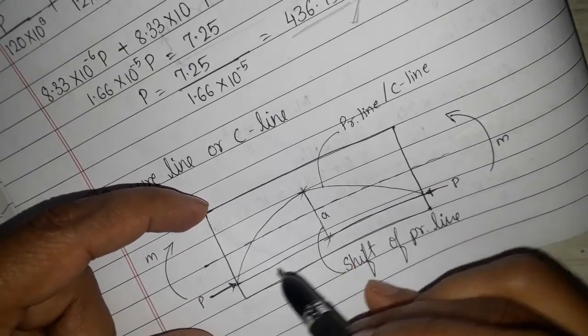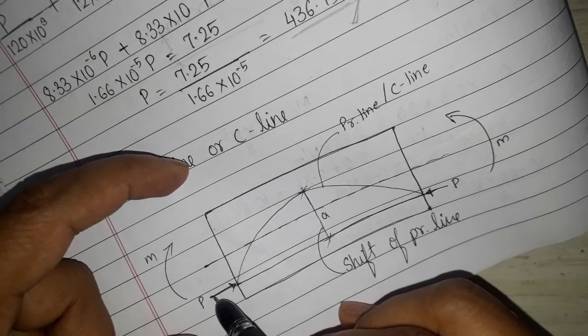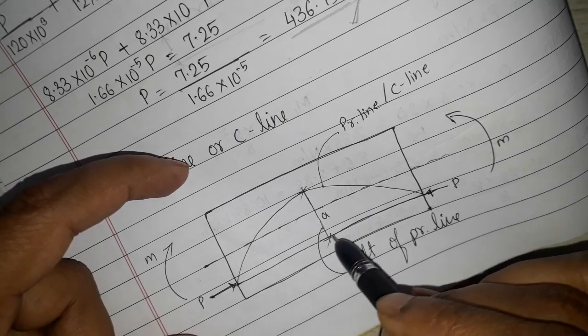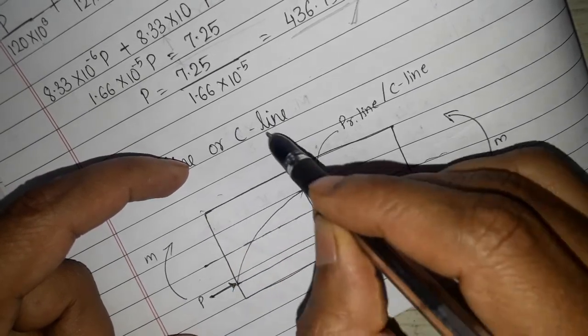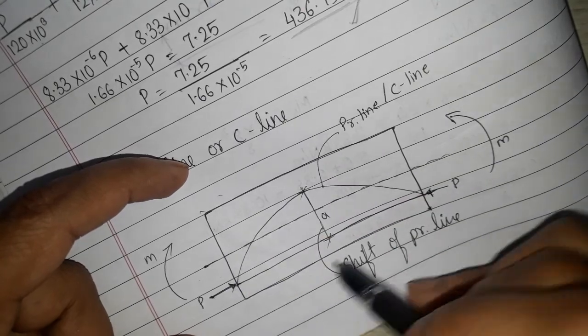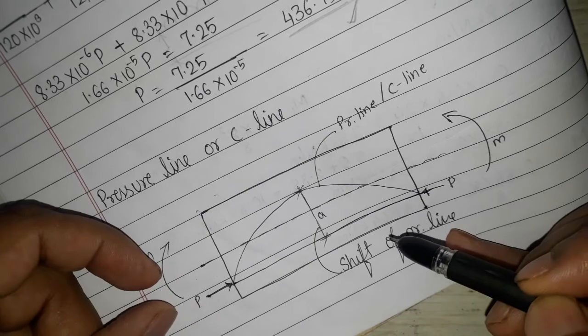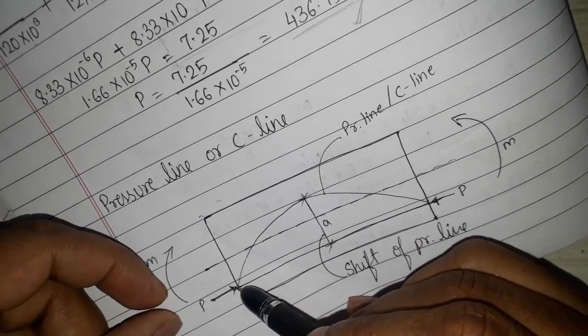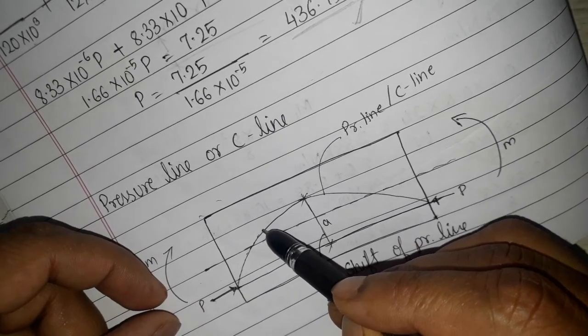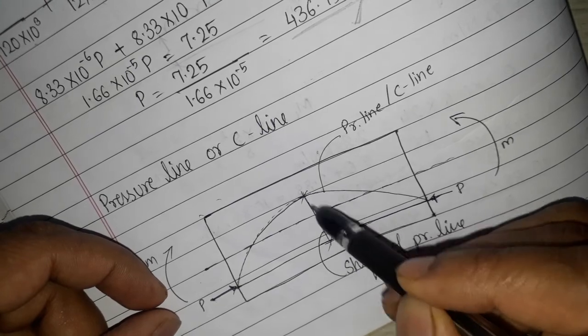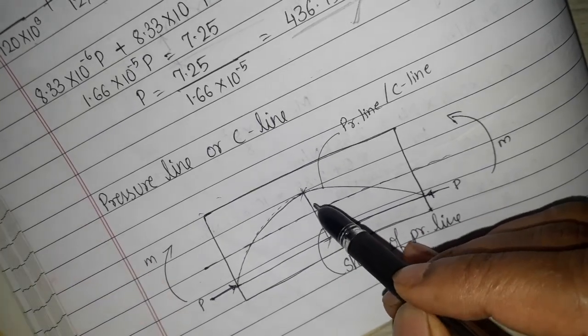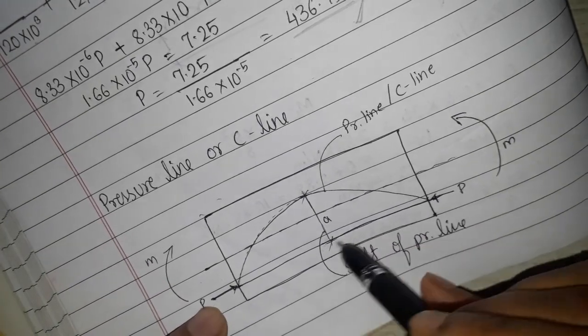The beam is subjected to the force P and also to the external load W. When the cable is released, it tries to compress the concrete in the opposite direction, so the pressure line will shift.